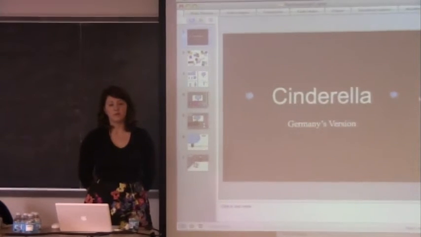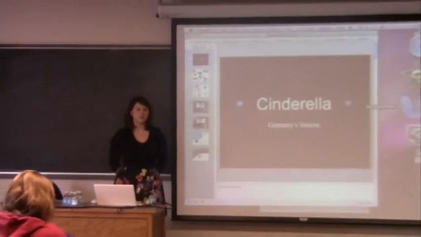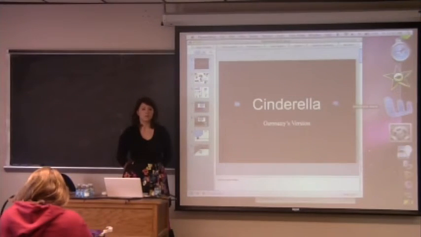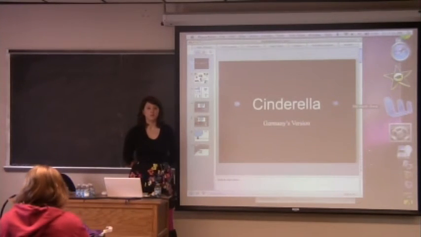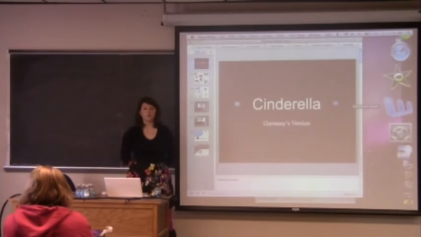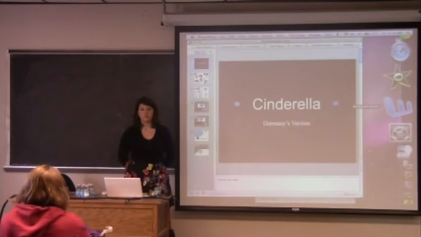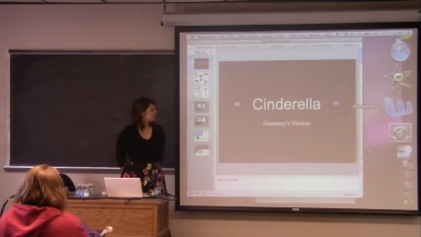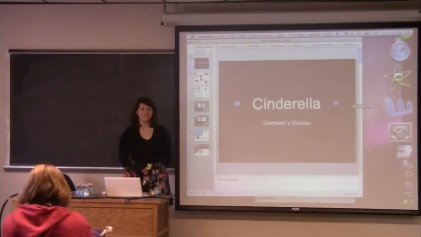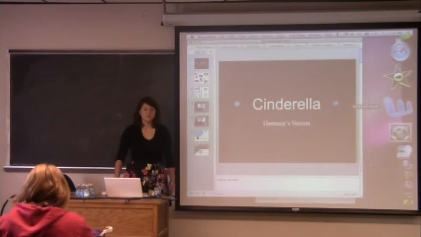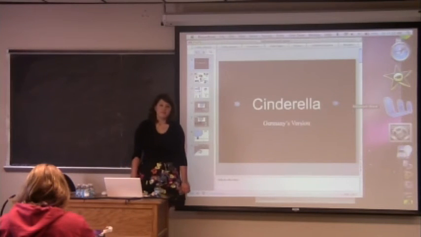That's as opposed to, say, the Chinese version of the story, which is probably the earliest Cinderella version. There's also an Egyptian version, but the European one is essentially the German version. And just to clarify, when you get to Disney is when you start getting decorative carriages and fairy godmothers and darling little mice turning into horses.